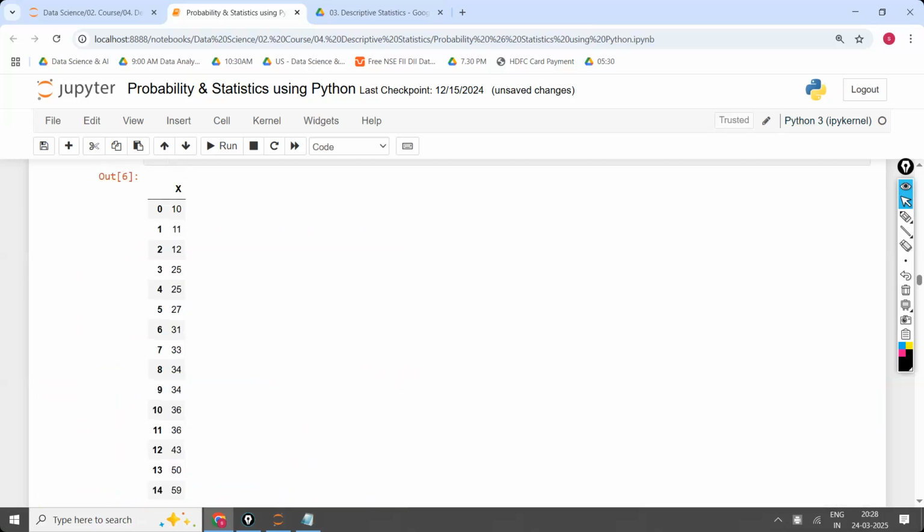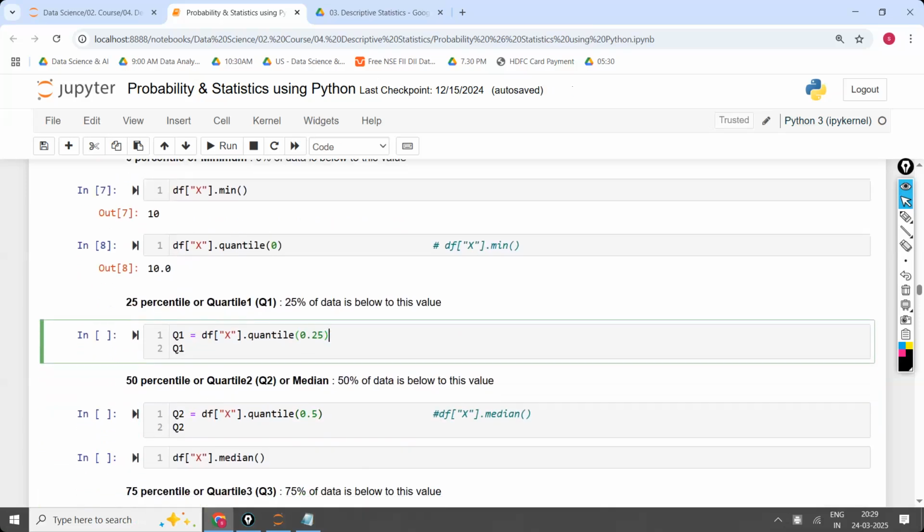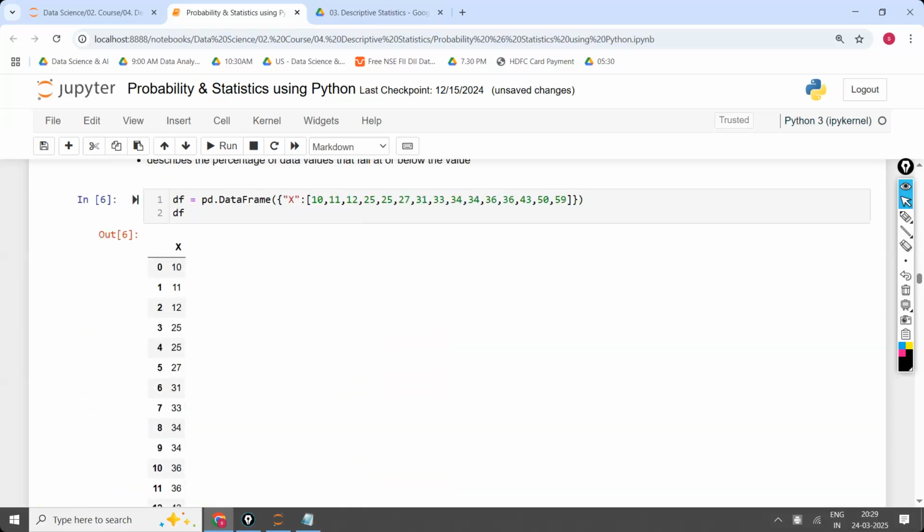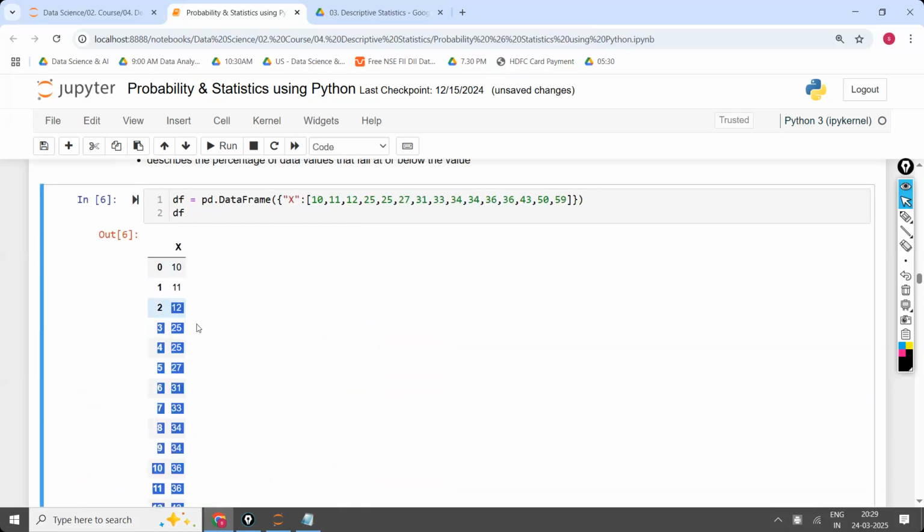Total how many are there? 15 are there. 1 by 4th of 15 means how many records should be below that? 3.75 records basically. So here it is going to calculate the value. What is the value? 25. Below 25, can you see how many records are there? 4 records are there. 1, 2, 3, 4. 4 records are there below 25.